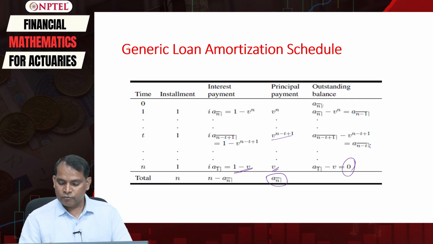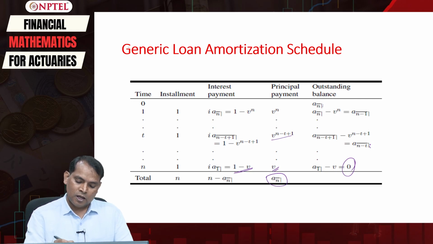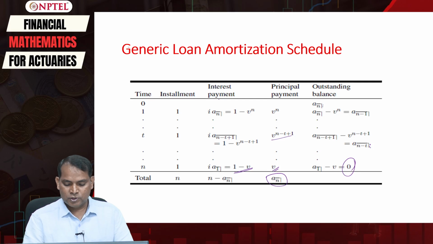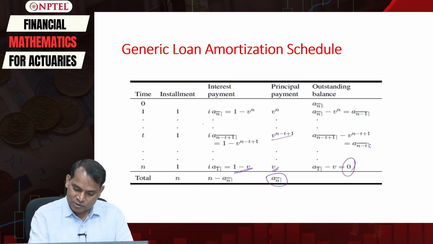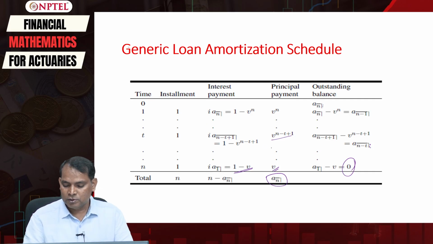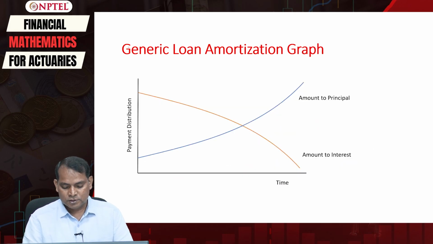So graphically, initially the interest amount will be high, and as you proceed till the nth period, the amount that goes toward interest gradually decreases, while the amount that goes toward principal reduction gradually increases. Theoretically the graph looks like this. On the x-axis I have measured time, and on the y-axis the payment distribution.